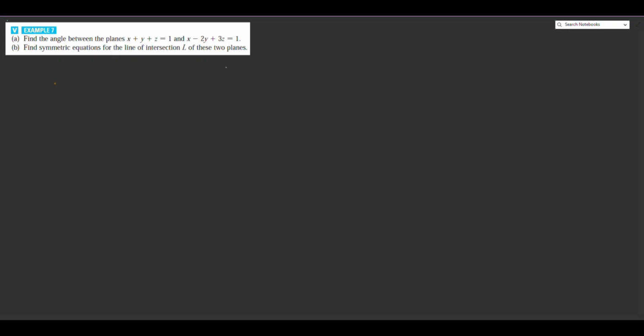Our first plane is given by x plus y plus z equals 1, and the second plane is x minus 2y plus 3z equals 1. Again, you want to recall the previous knowledge from the last lecture.